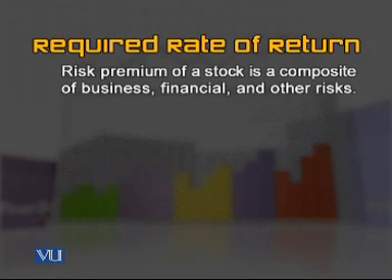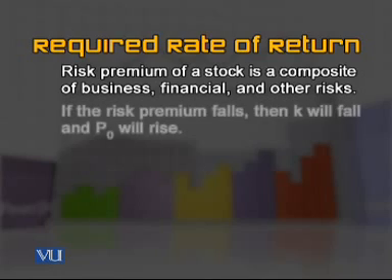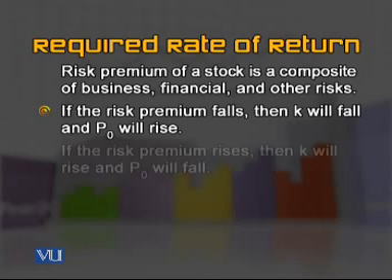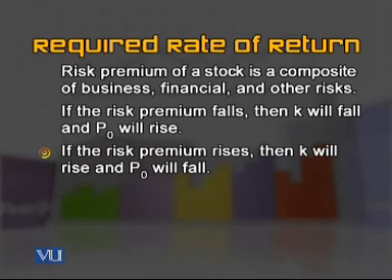We also must understand that the risk premium on a stock is a composite of business, financial or other risk, and it is part of the required rate of return. Now, if the risk premium falls, then the required rate of return will fall. If the risk premium rises, the required rate of return will also rise.